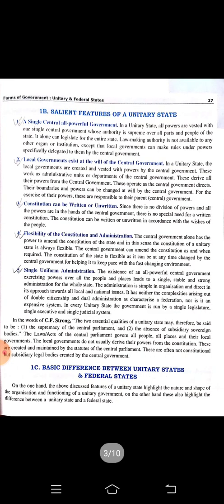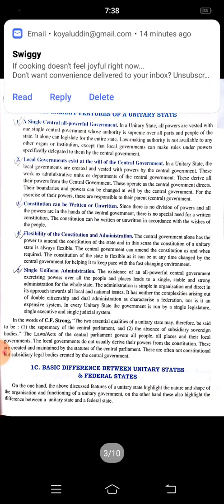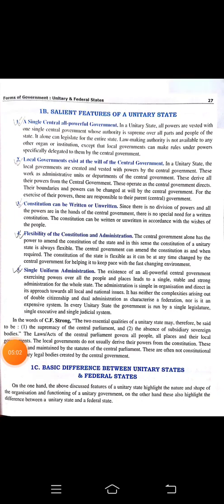Next, you can see some features of the unitary system of state written here. Here are a few salient features of the unitary system. Number one, a single all-powerful central government, as I have told you since the beginning. Number two, local government exists at the will of the central government. I have told you this also. Number three, the constitution can be written or unwritten.